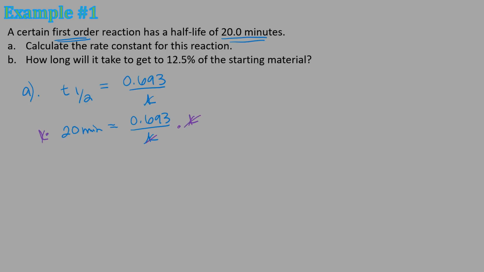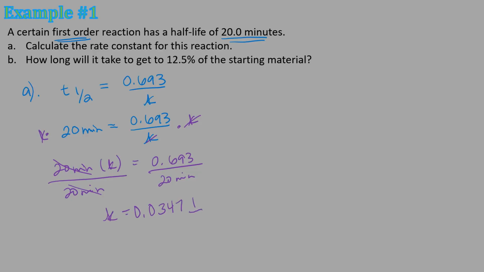K's cancel out over here, and so I end up with 20 minutes times K is equal to 0.693. Divide both sides by 20 minutes, and we end up getting that K is equal to 0.0347 inverse minutes.